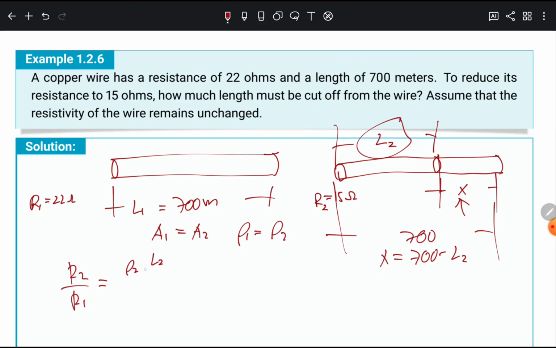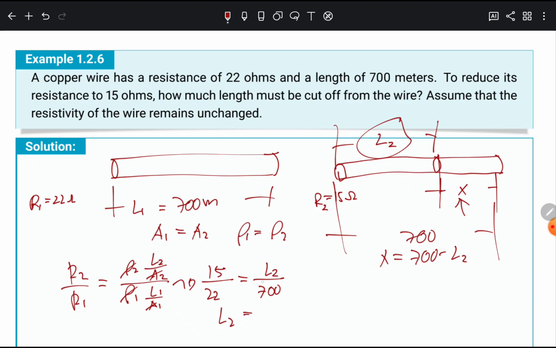So rho 2 L2 all over area 2 divided by rho 1 L1 divided by area 1. And we can cancel out the area. And we know the values for the resistance. So this will become 15 divided by 22 because R2 is 15. And this will be L2 over L1. So L2 divided by L1, which is 700 meters. So that we can solve for the new length.